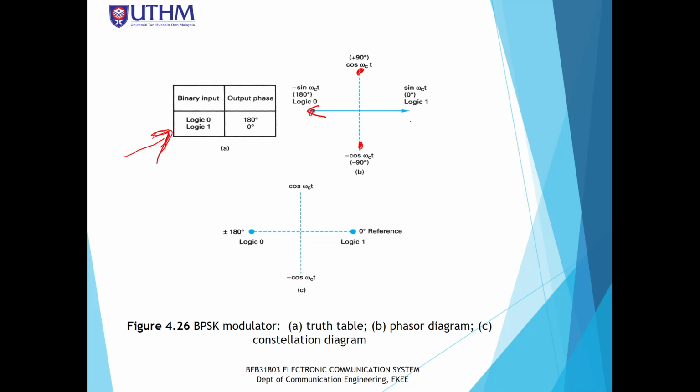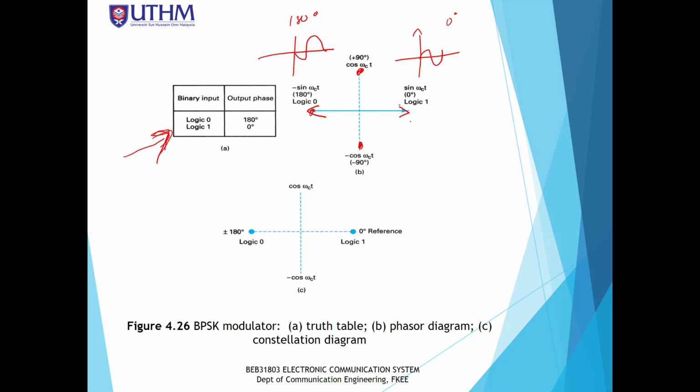Manakala input logik 1 akan menghasilkan output phase pada 0 degree. Okay, so ini kalau you lihat dia berdasarkan sine function, dan kalau dia adalah logik kosong, dia akan jadi negative sign. Okay, itu sebabnya berlakunya perubahan fasa 180 darjah. Manakala untuk sine, dia tidak ada perubahan fasa, iaitu 0 degree.